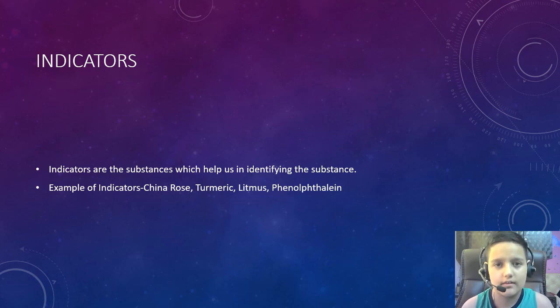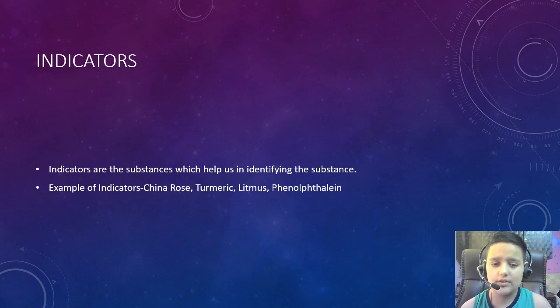If they are sour, then they are acidic in nature, and if they taste bitter, then they are basic in nature. But there are also some substances which are not eatable, so in that case we can use indicators.